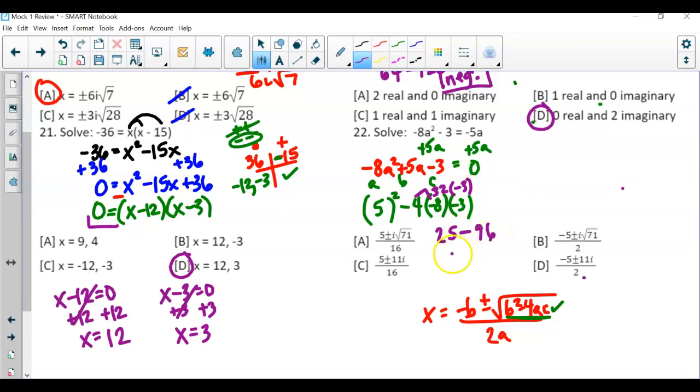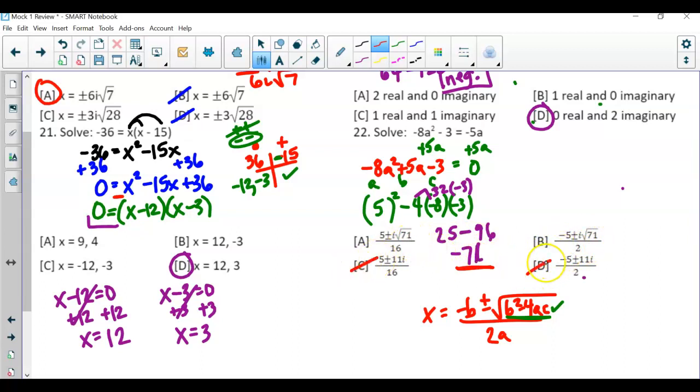So the discriminant is negative 71. That means when the discriminant is negative, we have two imaginary solutions. So I know I need i in my answer, which all of them offer. However, I do have a discriminant of negative 71, so I know it's got to be A or B.